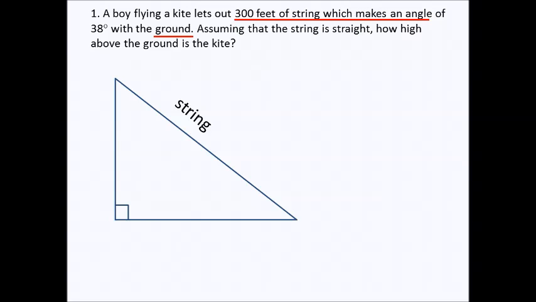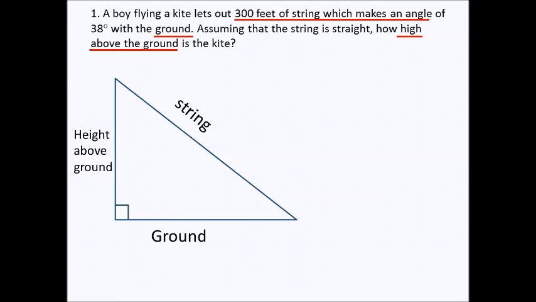We're also told that the ground is involved, so the base of the right triangle is the ground. Next, we're asked to find how high above the ground the kite is. So this part of the triangle represents the height above the ground.